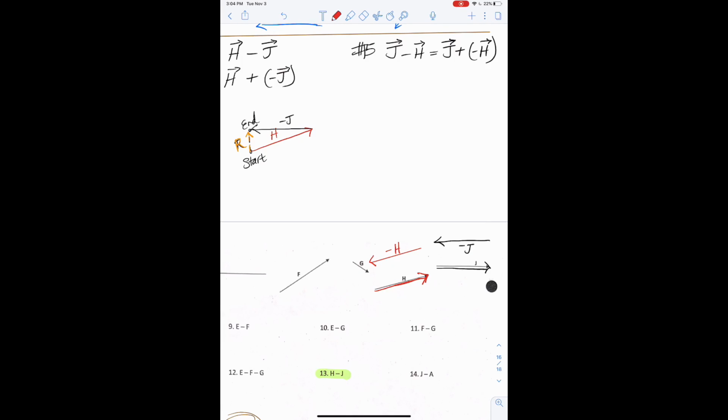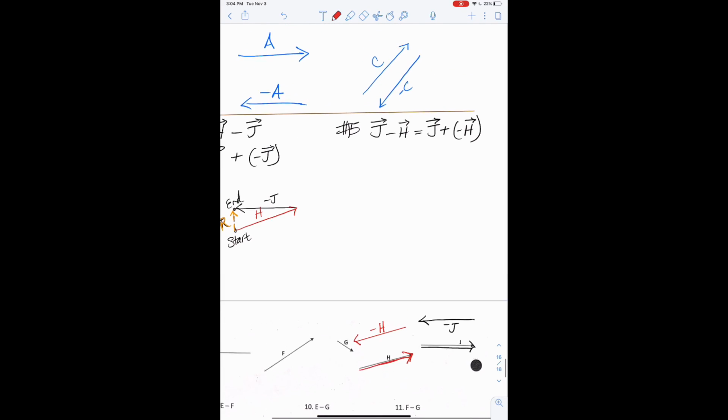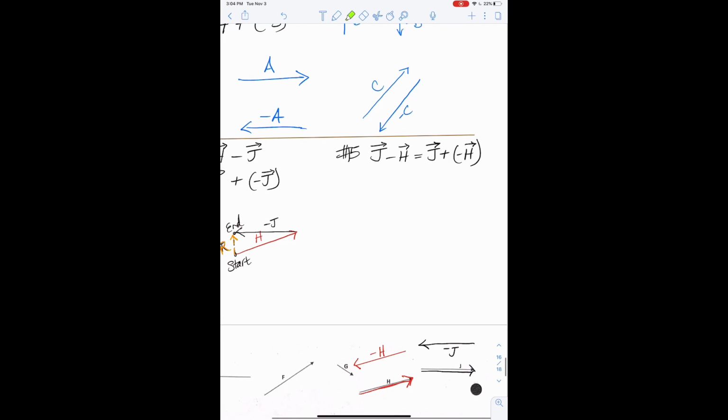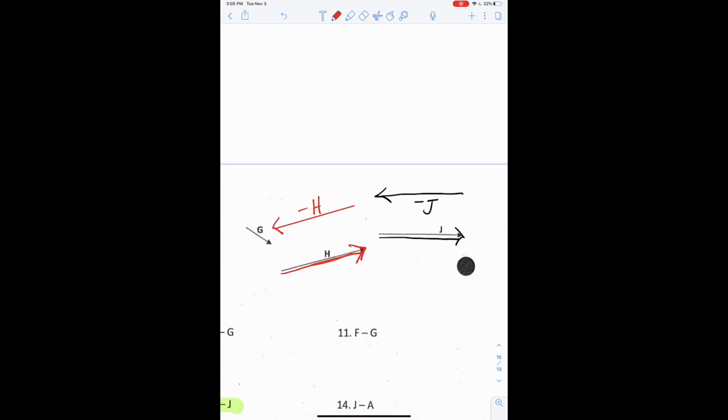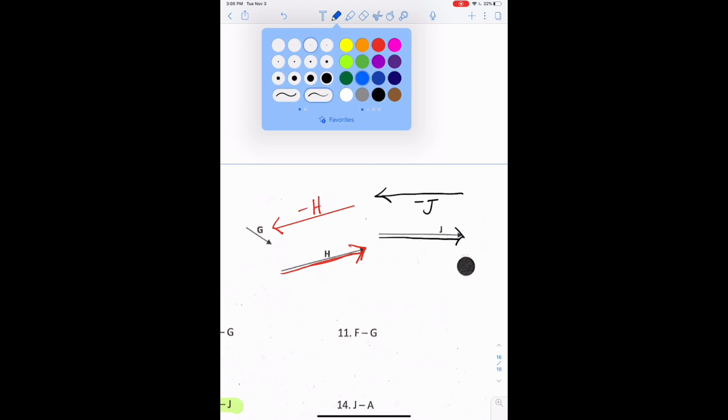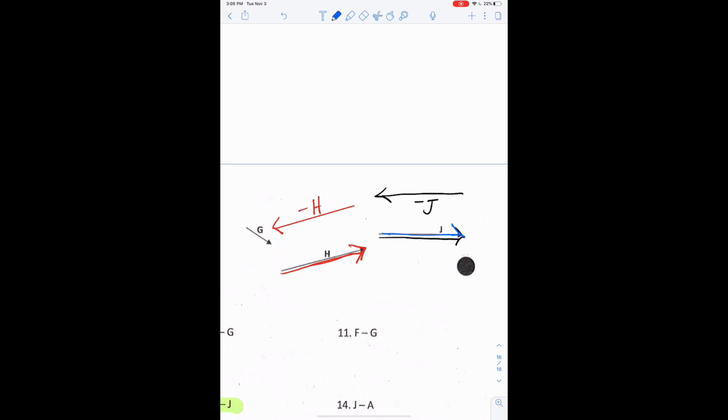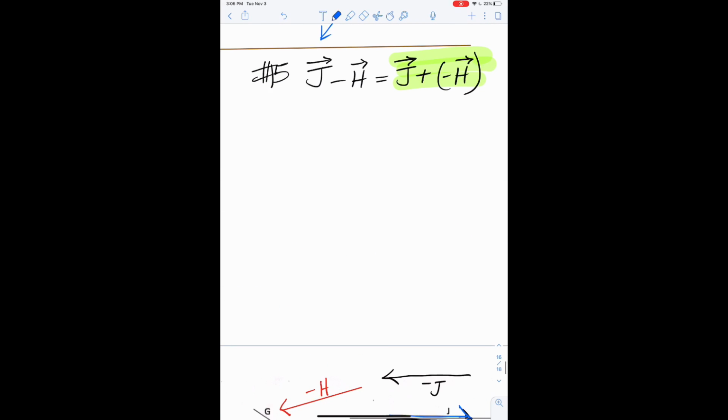So to do J minus H, which is what the question is asking, we are just going to take J and add it to negative H. Let's look down here at what J is. It's this vector right here in black. I'm going to make it blue. It's this vector right here in blue that points to the right. So let's add that up here.